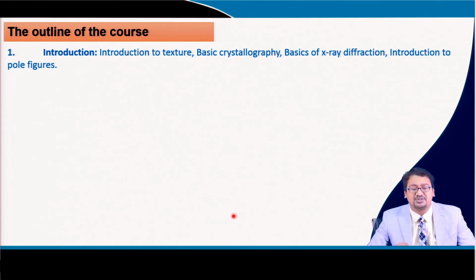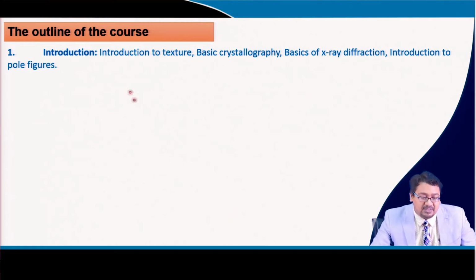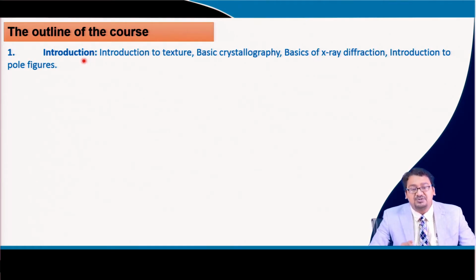The outline of this course will be divided into 6 parts. The first is introduction. So, I will introduce you to the concept of texture. There we will be learning basic crystallography, basics of X-ray diffraction, introduction to the pole figure.